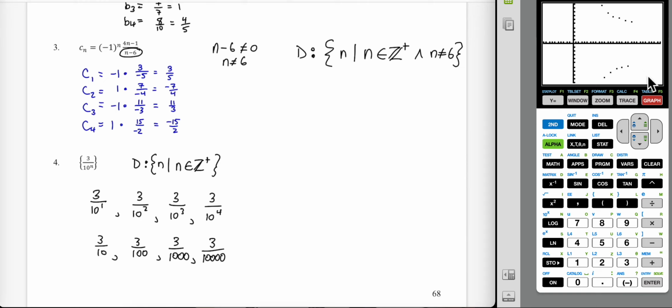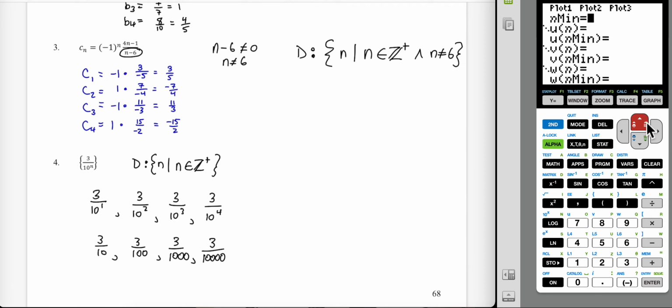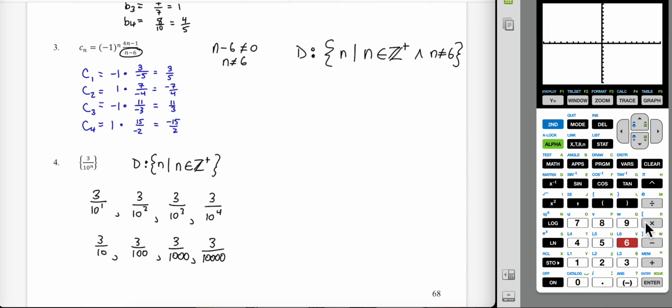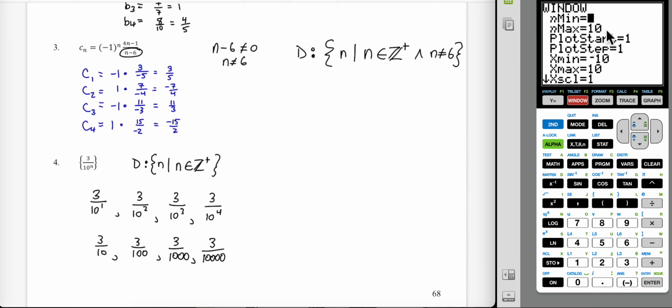All right, so it definitely has kind of an asymptotic trend to it, but we can take a look at the graph. So starting at 1, we're looking at, again, 3 divided by, I'll just put it in parentheses, 10 raised to the nth power. So I'll do a standard zoom, and you see really nothing shows up if you do the standard zoom, because yeah, it's going from 1 to 10, but in terms of your x min, x max, we're looking at some pretty large values.